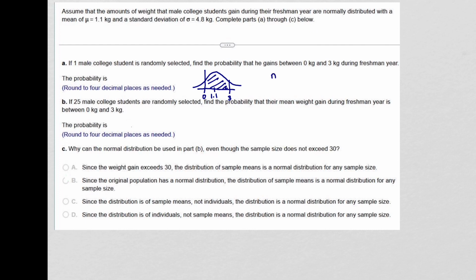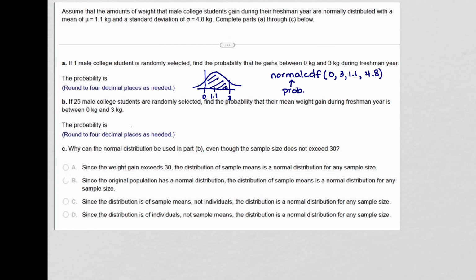So I'm going to use the normal CDF function. That's how I find a probability. So whenever we're looking for a probability, that's the function to use. And we know that the lower boundary is 0 and the upper boundary is 3. The mean is 1.1 and the standard deviation is 4.8.